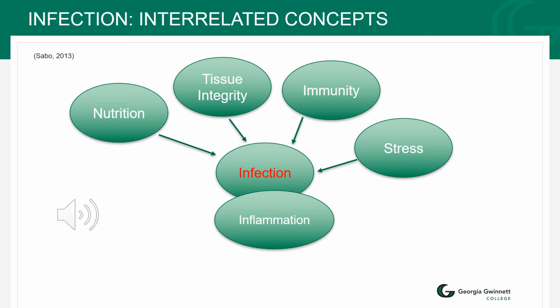Inflammation is that part of the body's response to a foreign antigen. So again, you have that body's inflammatory response, the redness, swelling, and pain in that inflammation piece. So you see it's kind of overlapping infection. There's not even an arrow there because they go hand in hand.